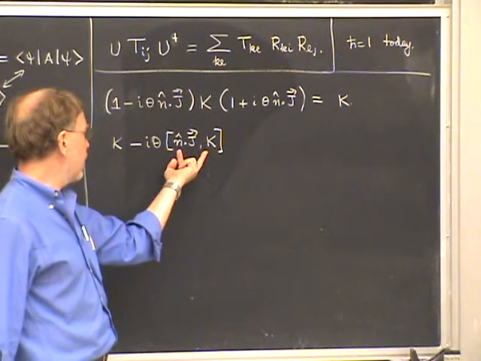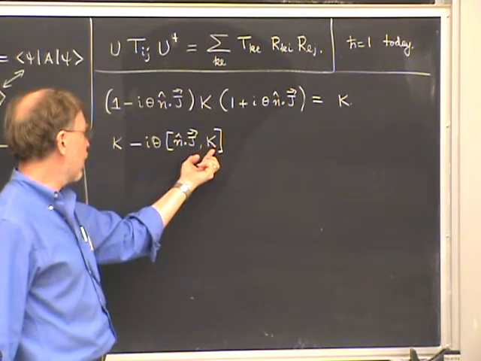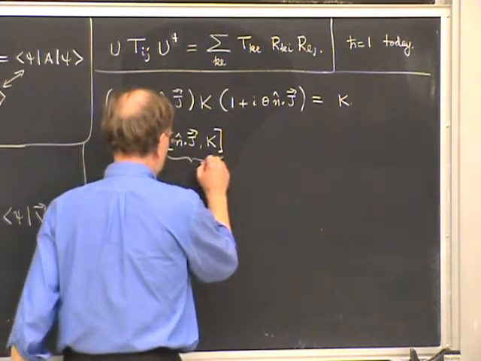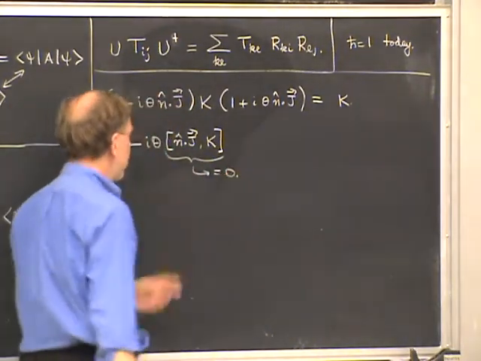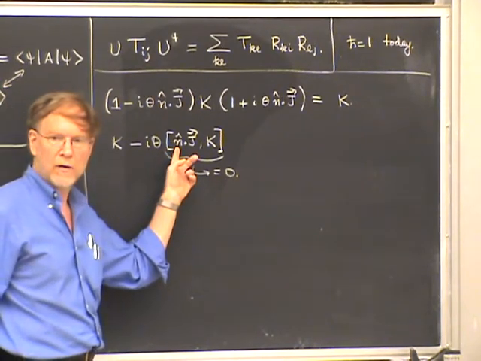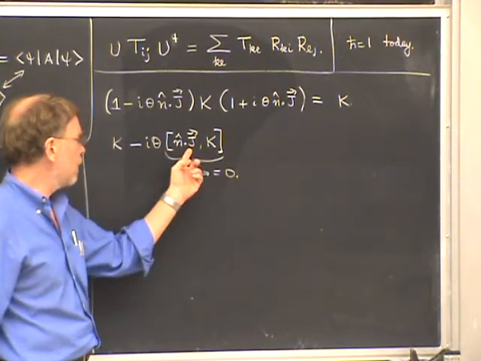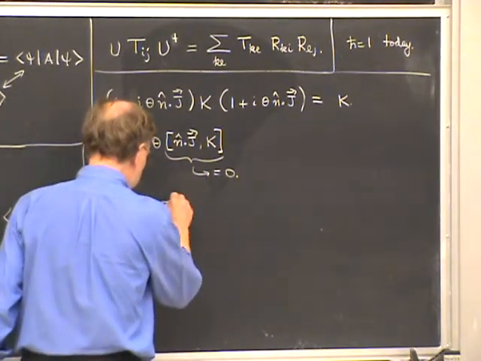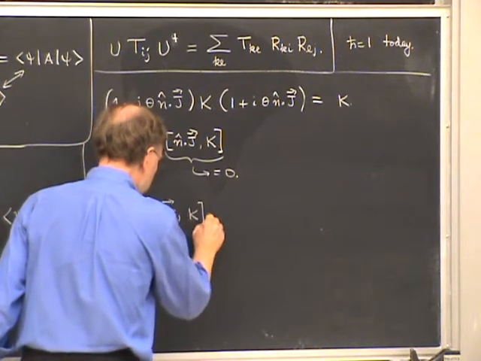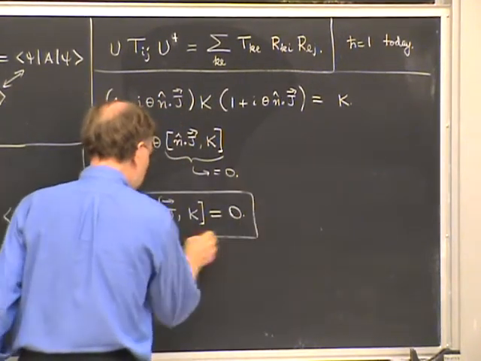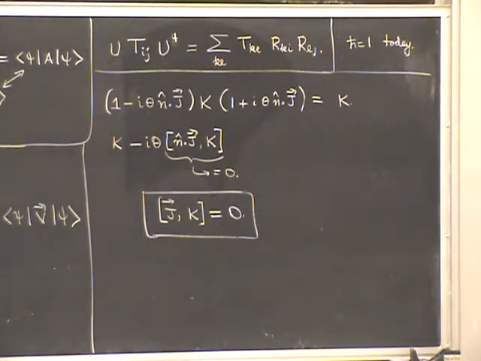So it says that the commutator of k, our scalar operator, with n hat dot j is 0. But n hat is an arbitrary unit vector. If we choose it to be x hat, y hat, or z hat, the result is that k commutes with all three components of j. And so we get the condition that if k is a scalar operator, it commutes with all three components of the angular momentum. This is an alternative way of writing the definition of a scalar operator.